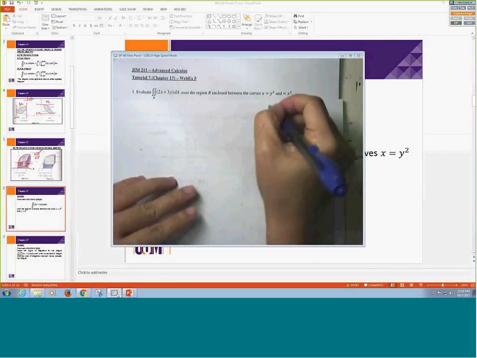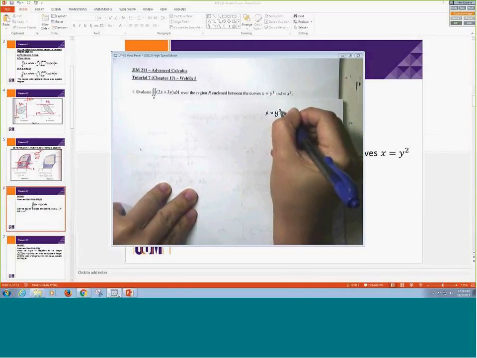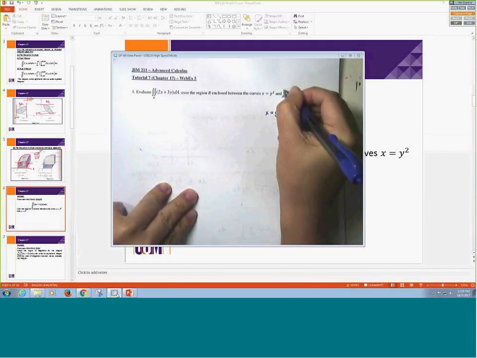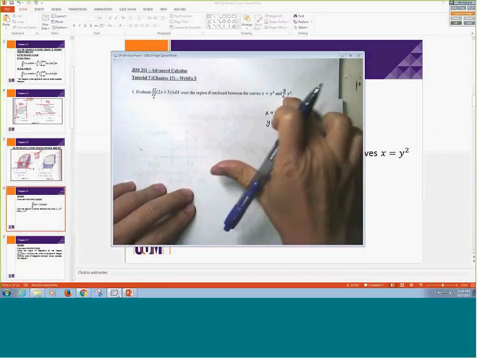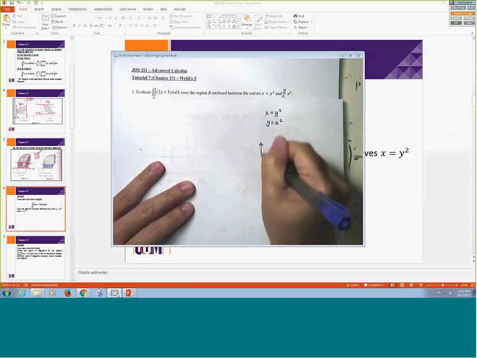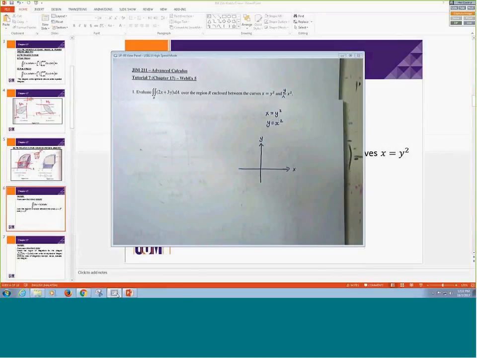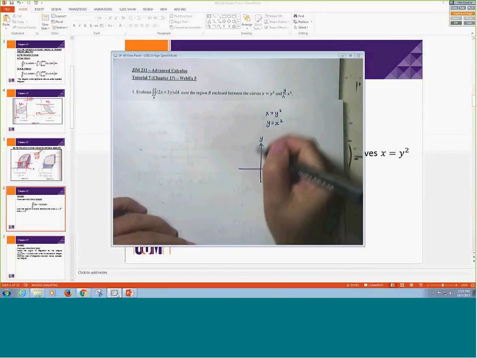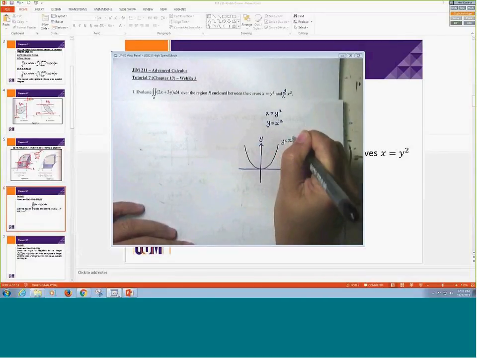This is how to sketch x equals y squared and y equals x squared. Please change the question: this is y equals x squared, x equals y squared. For y equals x squared, it is easy because we know this is y equals x squared.